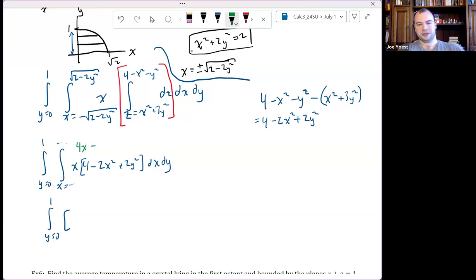Multiplying will give me 4x minus 2x cubed plus 2y squared x. And then integrating this gives me 2x squared minus 1/2 x to the fourth. Would that be a negative 3y squared?